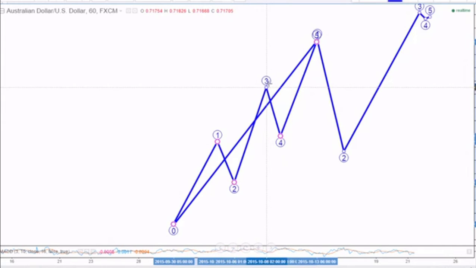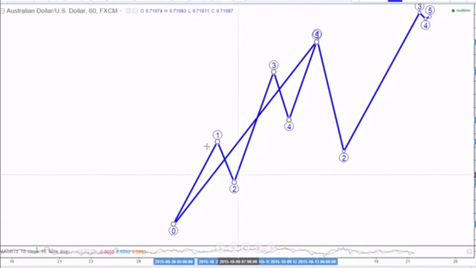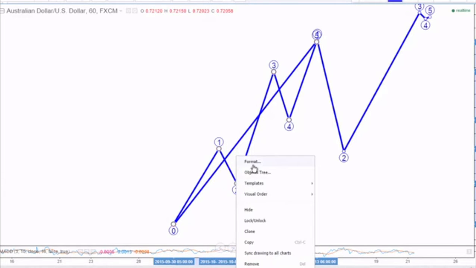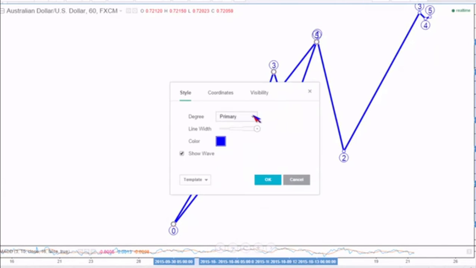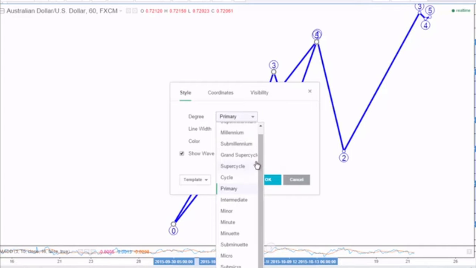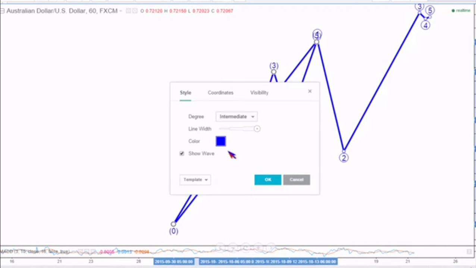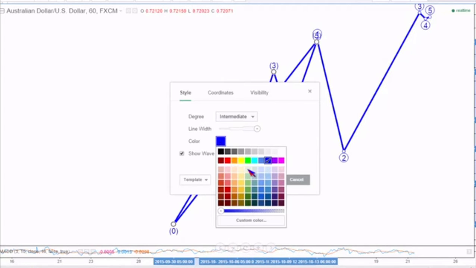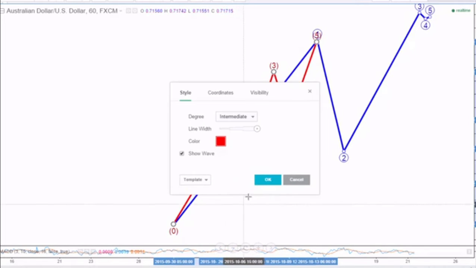I'm just trying to get everything formatted. So we are going to consider this, more or less, the intermediate trend right there. And we're going to call this red.